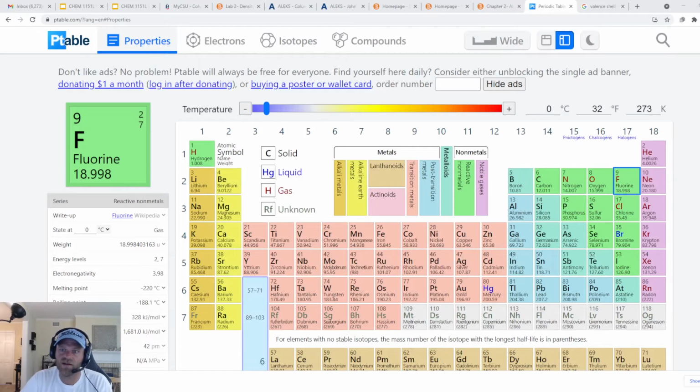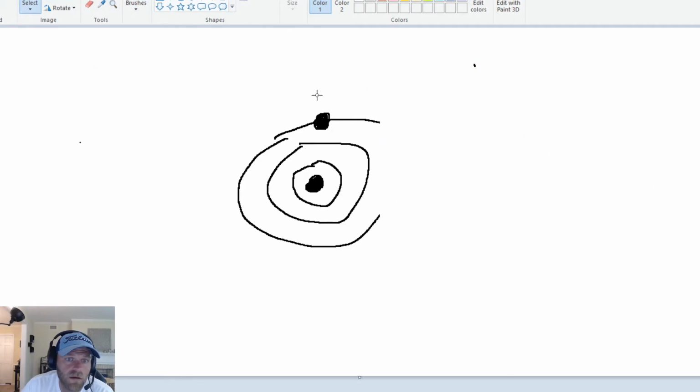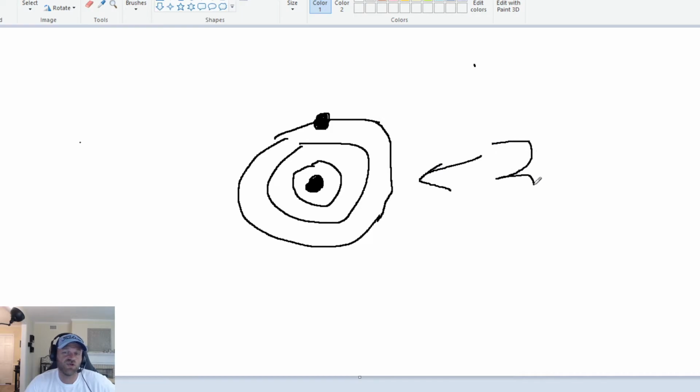Let's do carbon. It's atomic number 6, but it's only got 4 valence electrons. Okay, so I'm going to draw this one. So this would be the outermost shell, and that is the 2p.